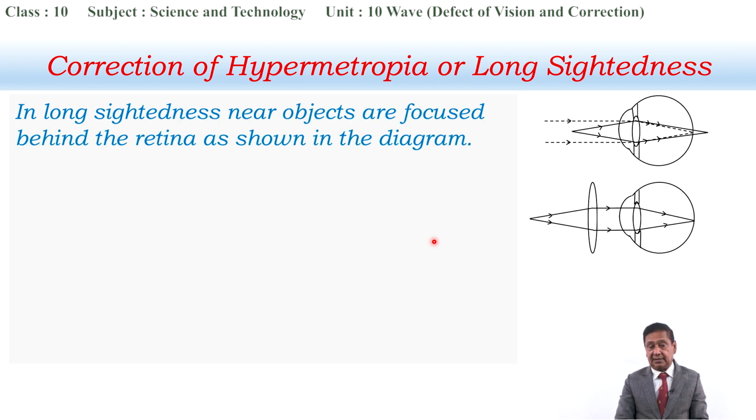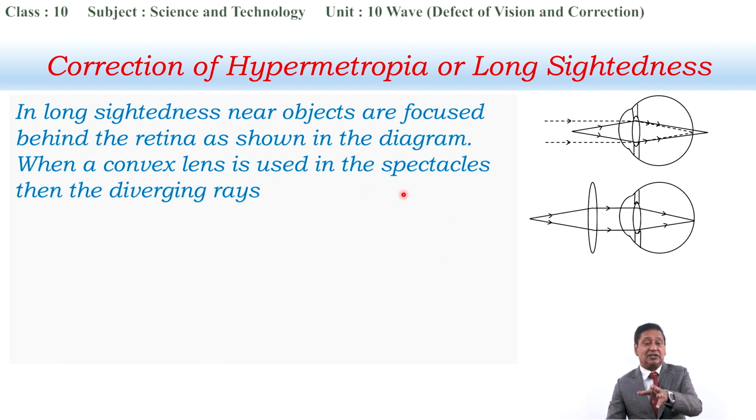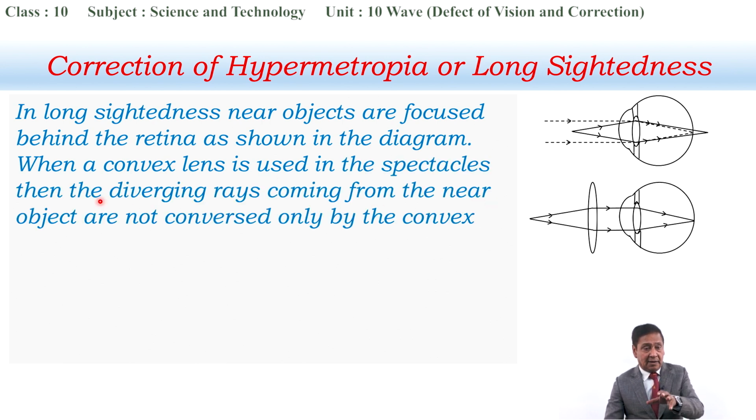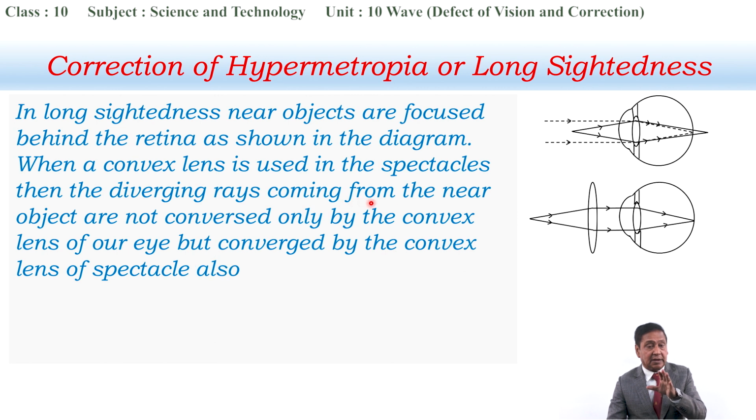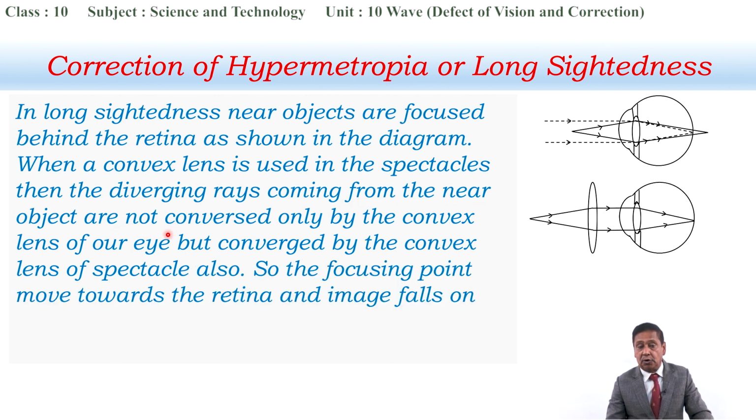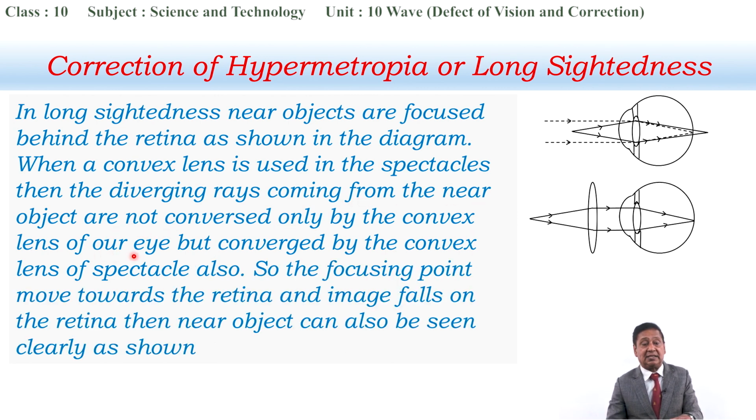In long-sightedness, near objects are focused behind the retina, as shown in the diagram. Here it is, isn't it? But when a convex lens is used in the spectacles, the diverging rays coming from the near object are not converged only by the convex lens of our eye, but also by the convex lens of the spectacle.